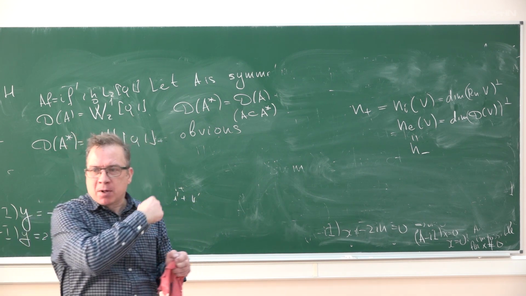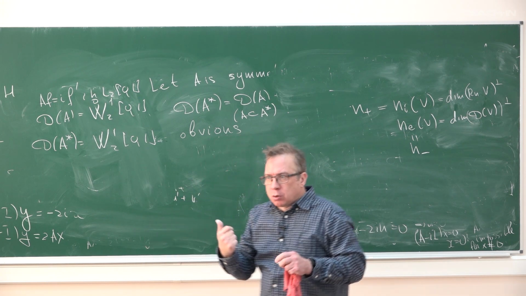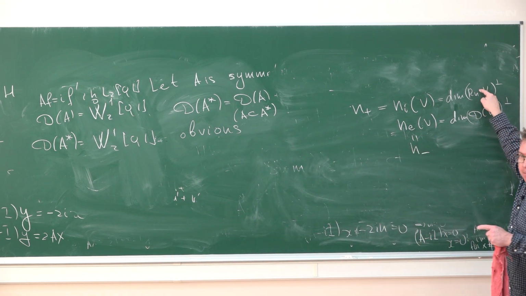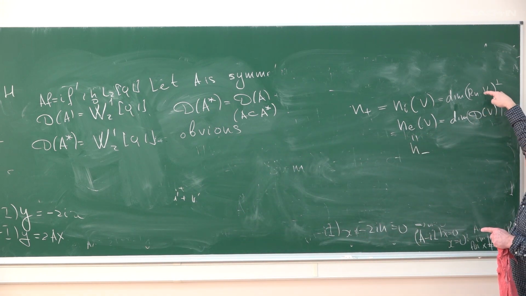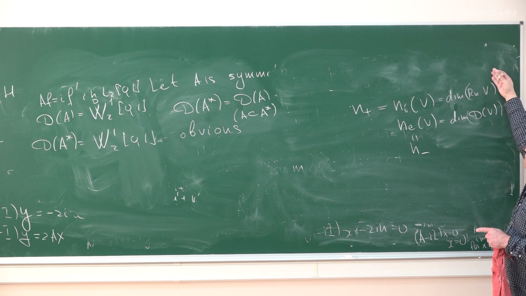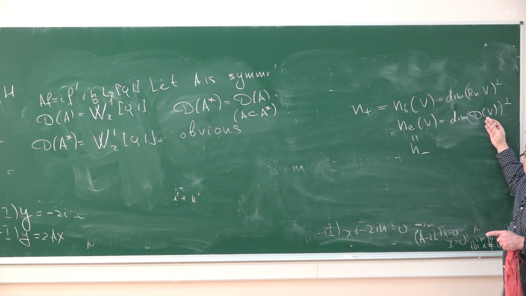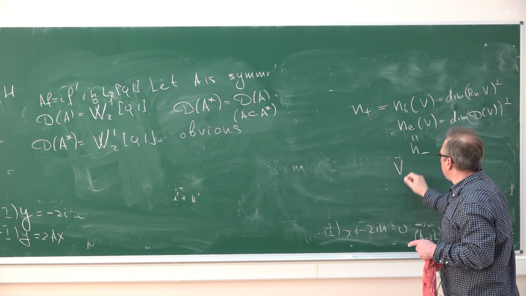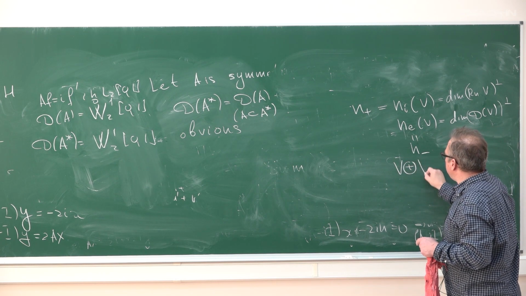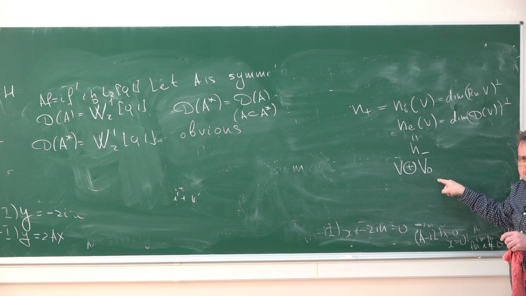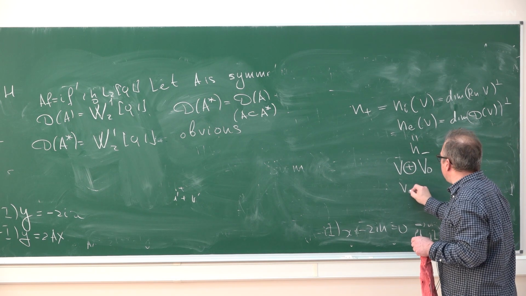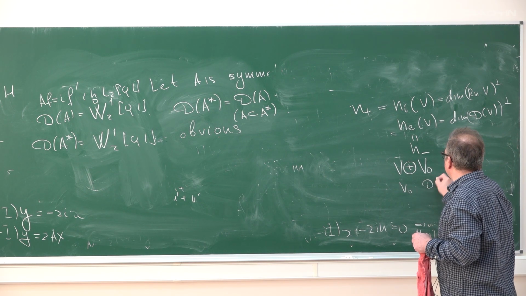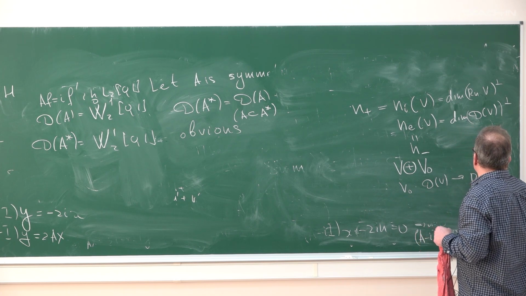But if these numbers are not zero, what can you do? You can construct some operator from this subspace to this subspace. So we have operator V, and you can construct a new operator V plus V0, where V0 is some isometric operator from this to this.